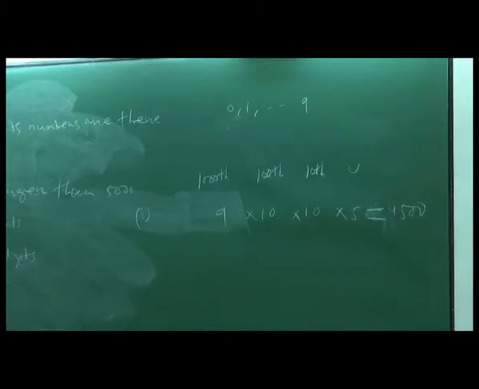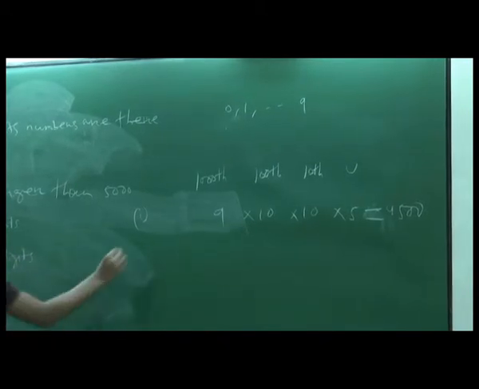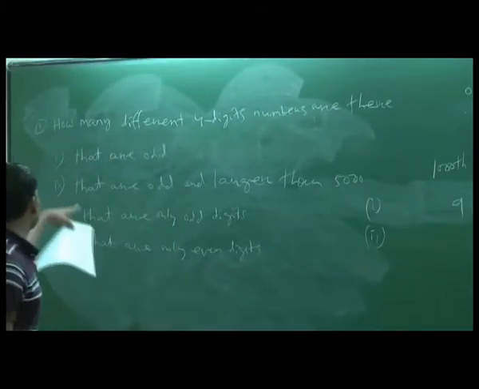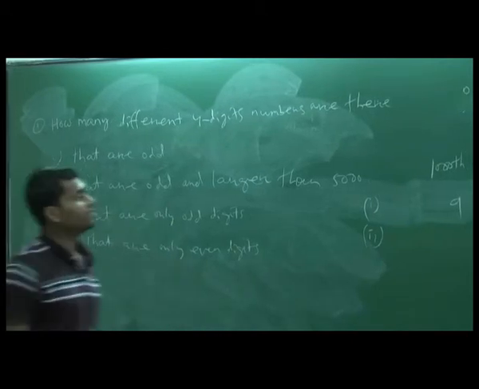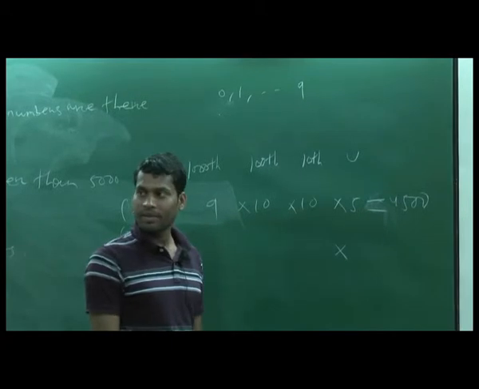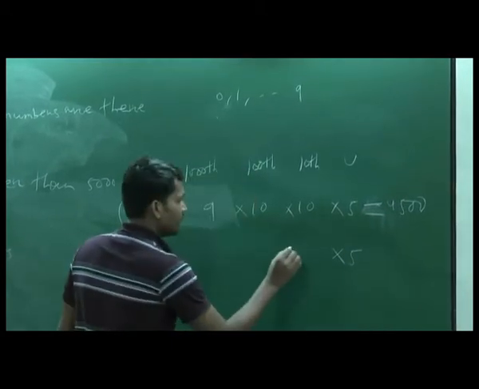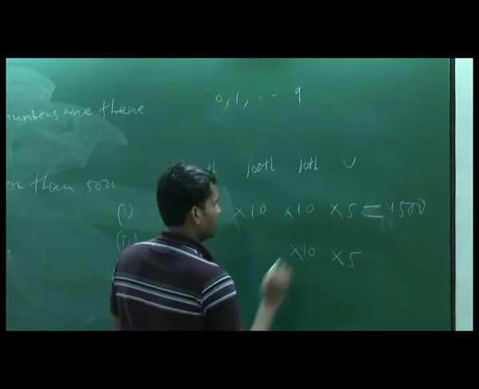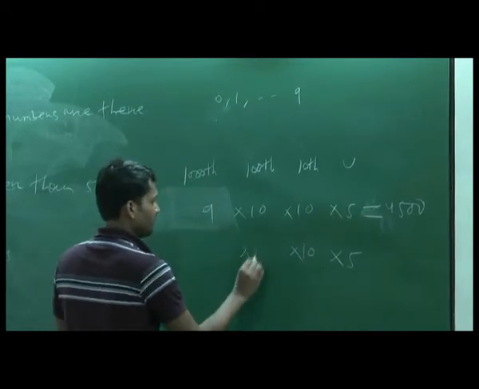So that are odd and larger than 5,000. For the second problem, how many ways can we do it? Odd, so the unit place can be filled 5 ways. The 10s place, 10 ways. The 100s place, 10 ways.